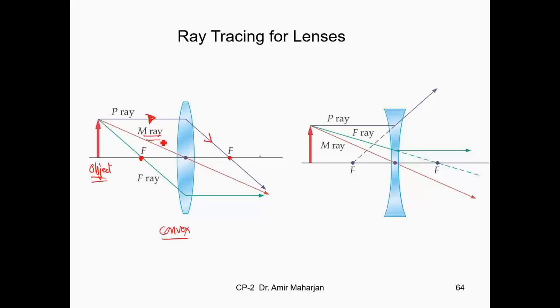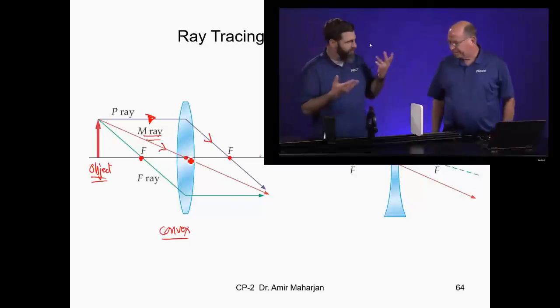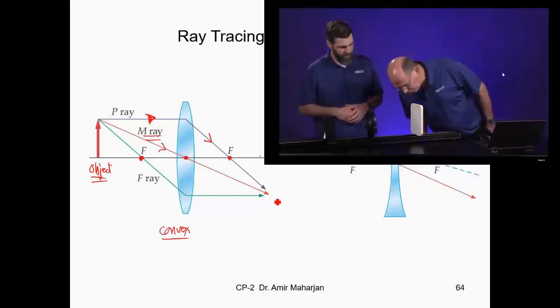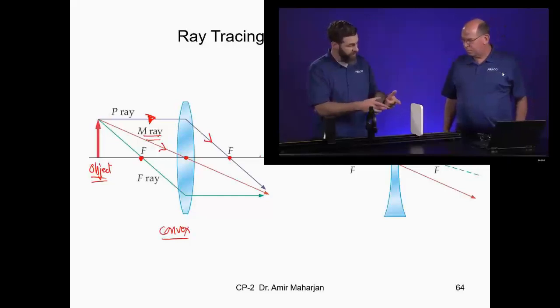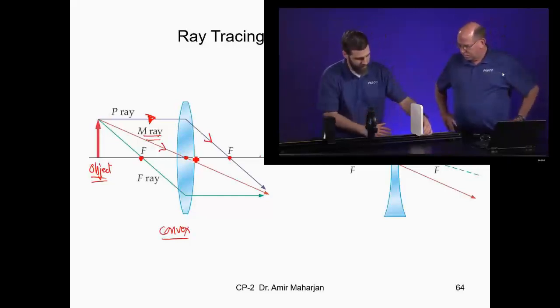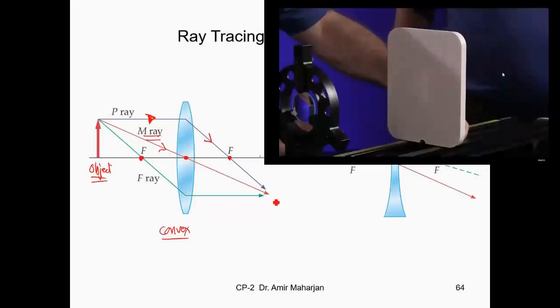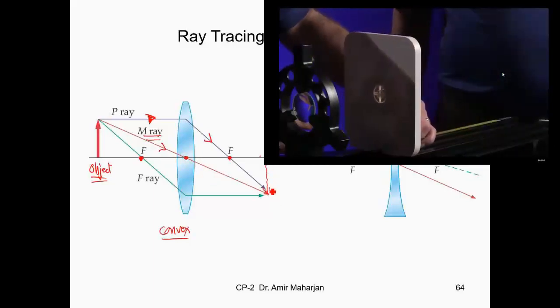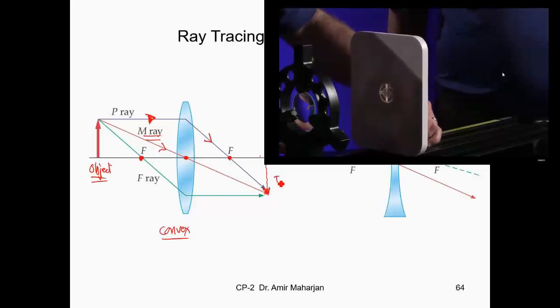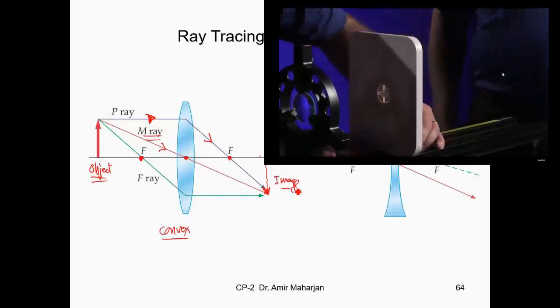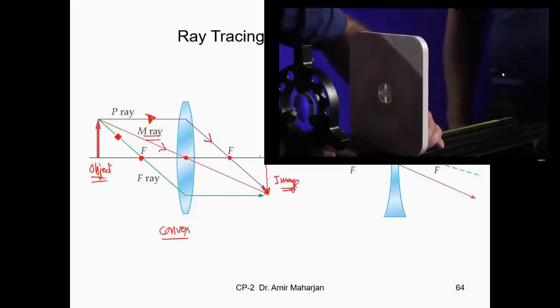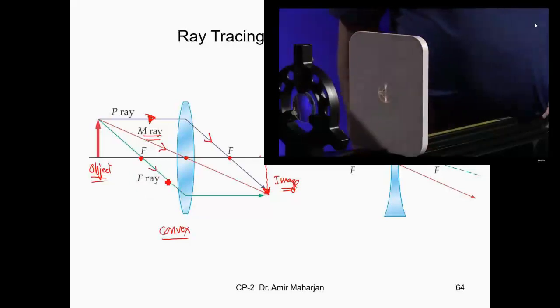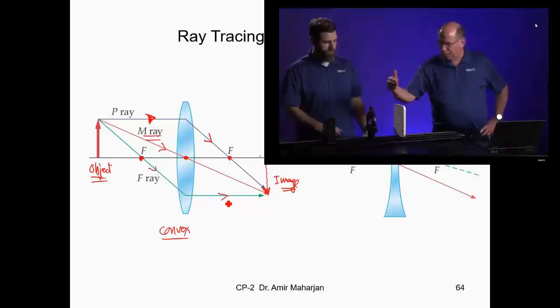Now choose another ray passing directly through the center of the lens, and it will go undeflected. That's how light rays behave. We definitely know that this ray will not bend. It will just go, and they will meet at a point here. This is the image position. This is where the image is formed. That's the trick. That's it. And if you want the F ray, any light ray passing through the focal point will go parallel, because it's opposite.